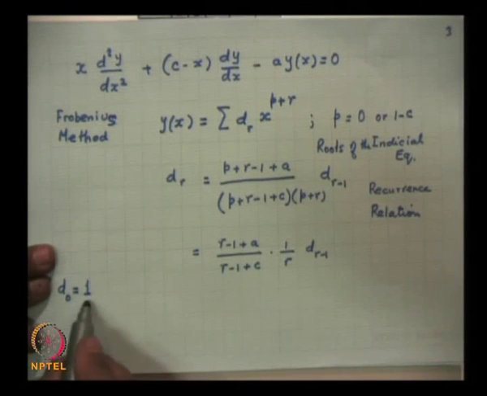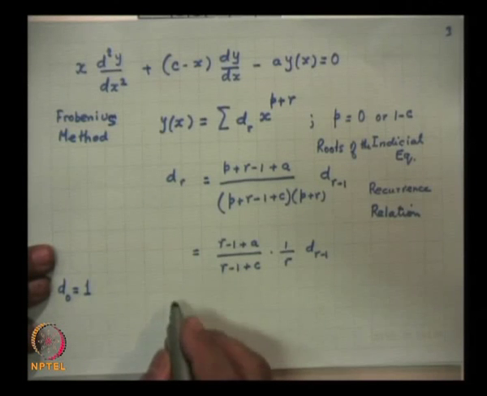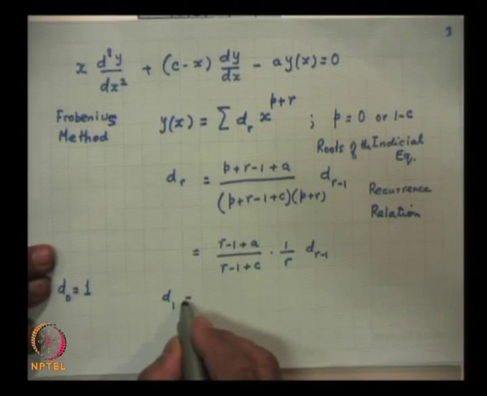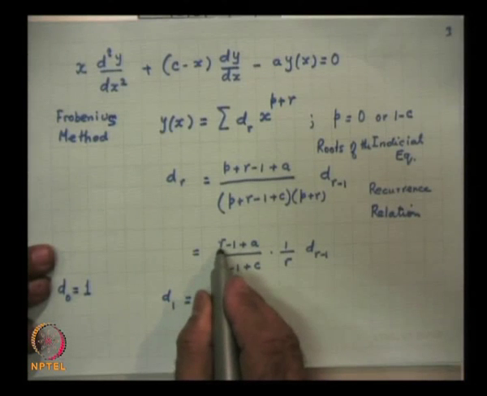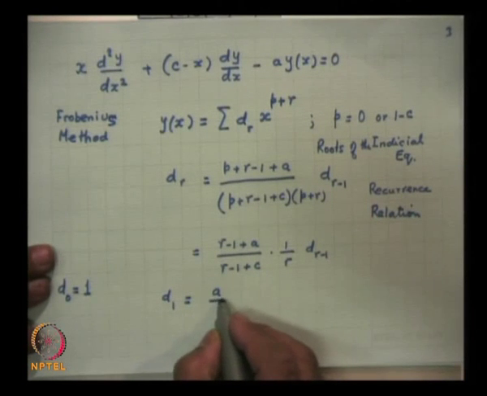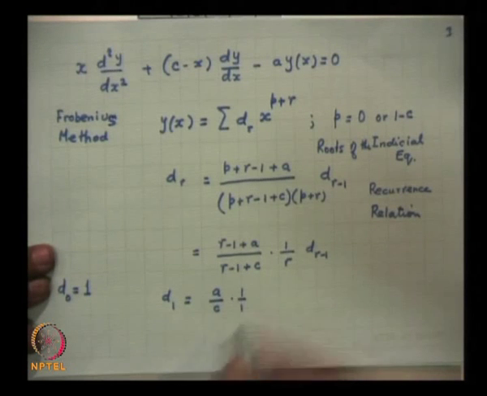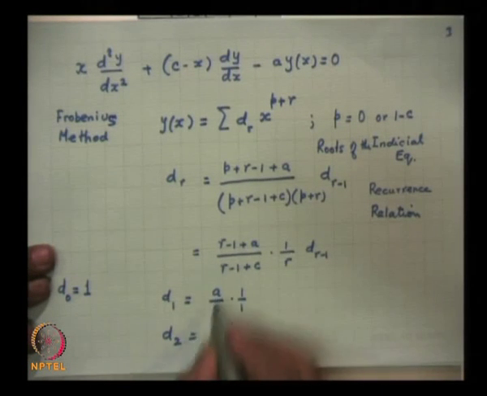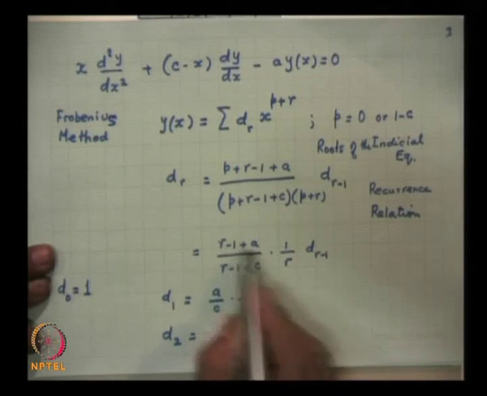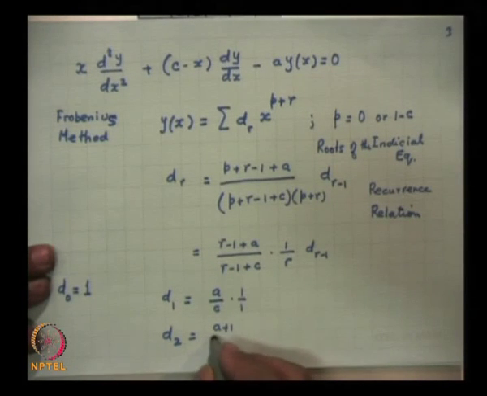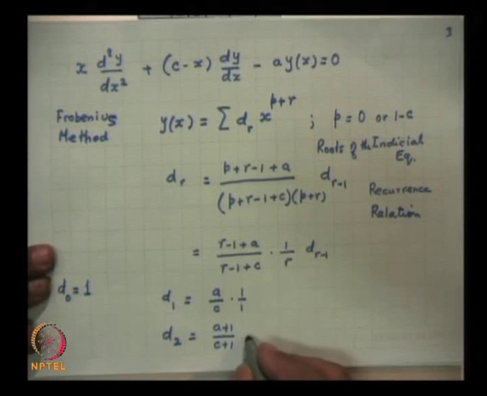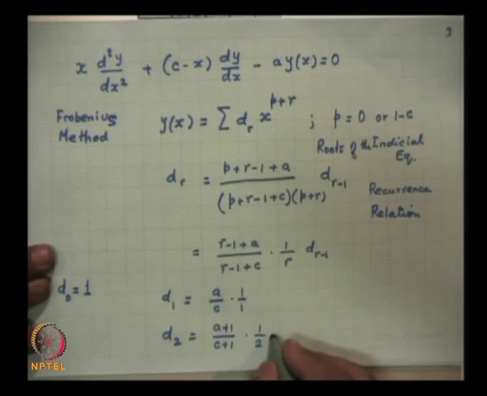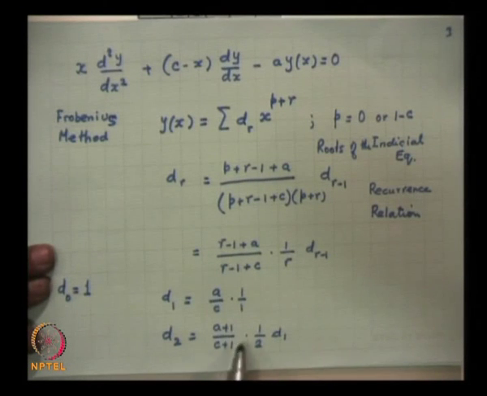If I assume d0 is equal to 1 and put r equal to 1, then d1 is a by c. Then d2 is a into (a plus 1) divided by c into (c plus 1) into factorial 2, and so on.